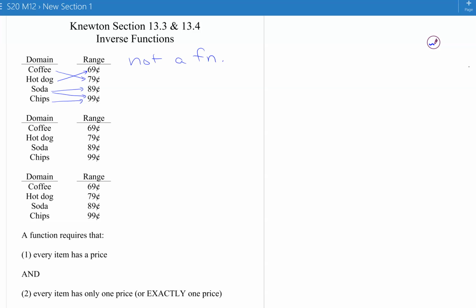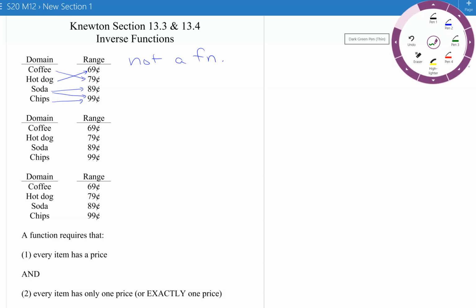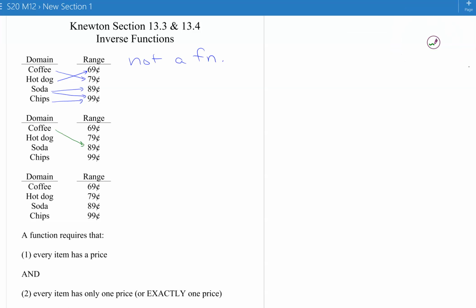Because if somebody brought a soda up to the cash register, we would not know how much to charge them for it. So then we looked at an example that was a function, and it was okay for more than one item to have the same price. This is still a function.